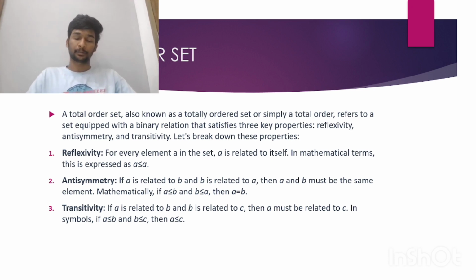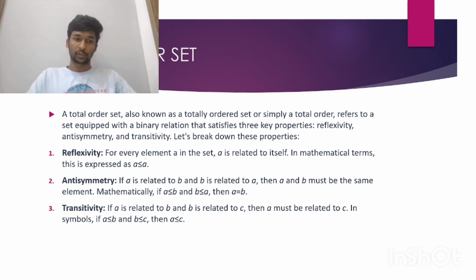Mathematically, it's written as A less than or equal to B and B less than or equal to A implies A equals B. Antisymmetry is one of the properties that says whether a set is a totally ordered set or not.